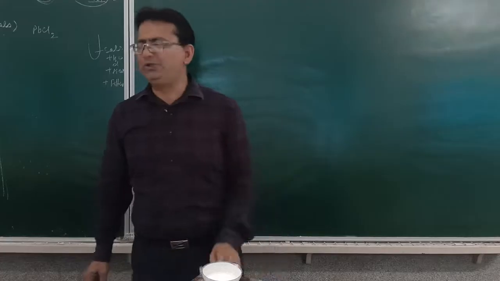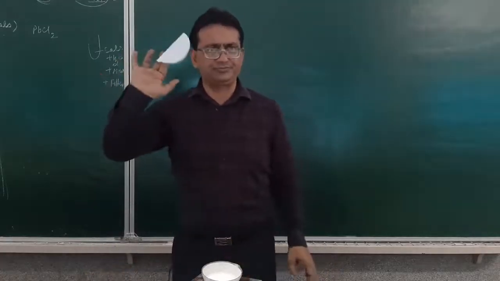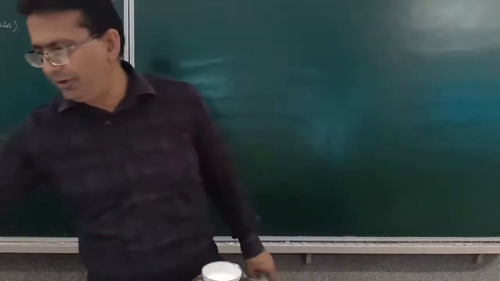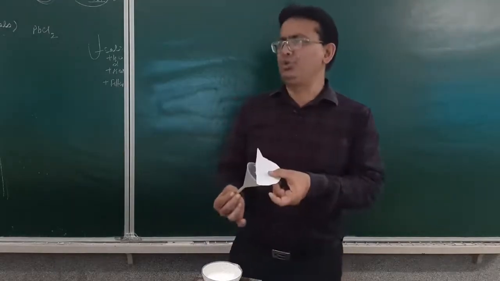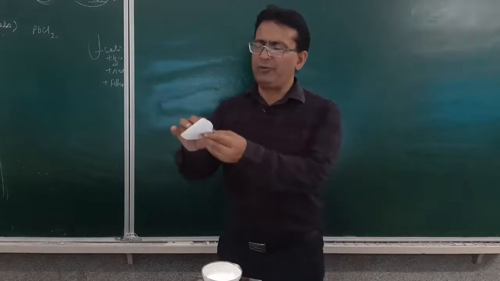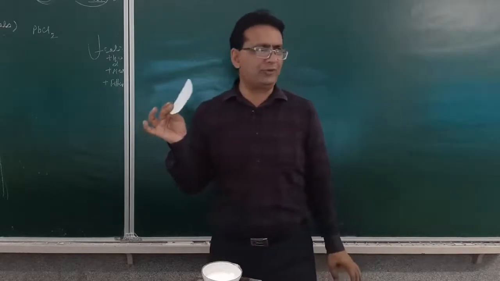In this, I will need to filter. How will I filter? This is a filter paper, student. And this is a funnel. It is to be put into this. How? A filter paper, you make a first fold of this. There are 2 layers after making a first fold.